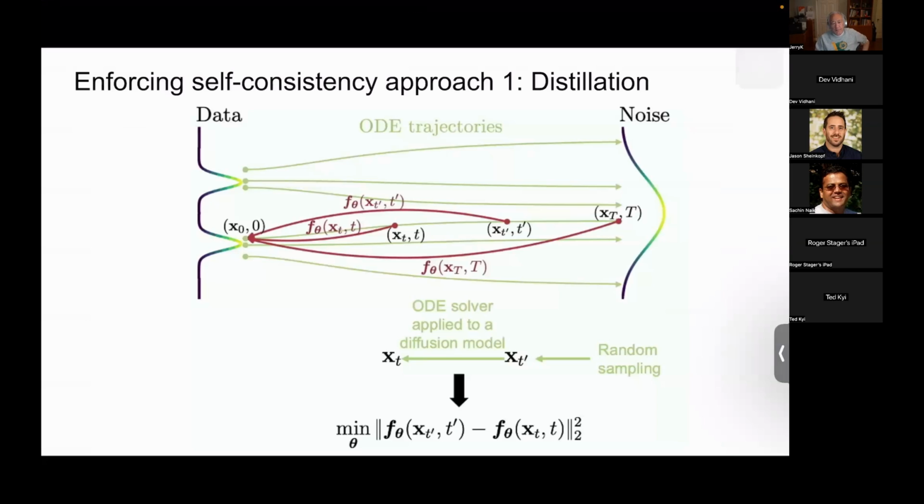self-consistency. There are two algorithms that they have defined for self-consistency. The first one is the distillation.